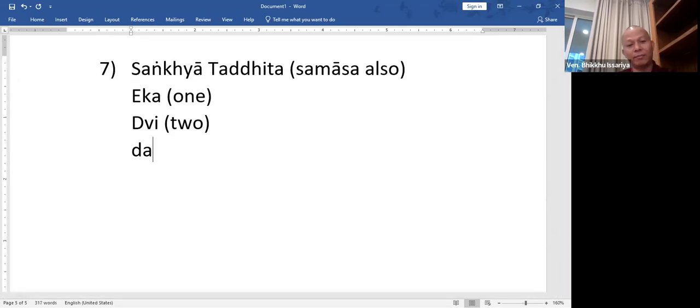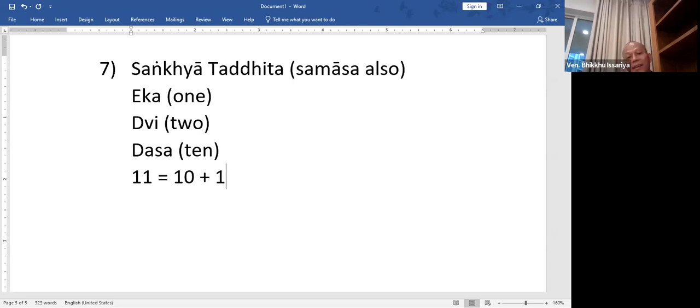Okay, now next one is dasa. 10. So now for the 11. 11 can be understood in English like this: dasa eka, 10 plus 1.